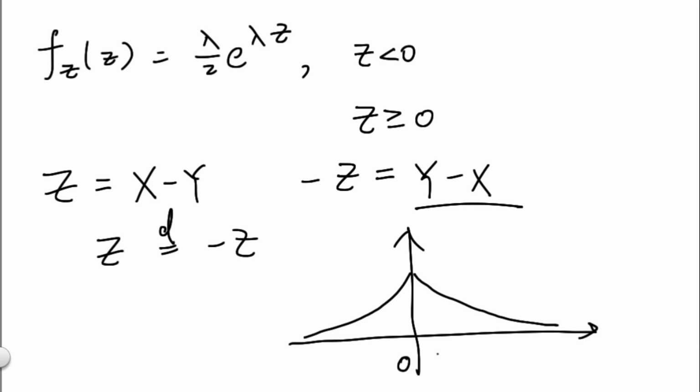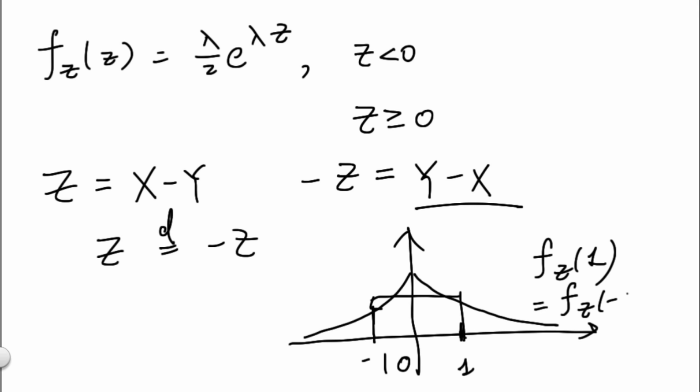So here's the origin. For example, if we were to evaluate f of z at 1, this will be equal to the value of f of z at negative 1. With this information in mind, we know that in general, f of z, little z, is equal to f of z at negative little z.